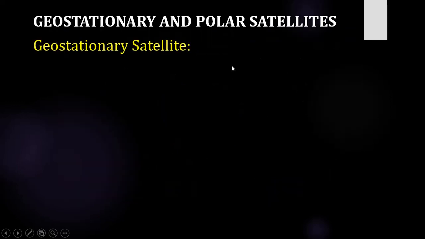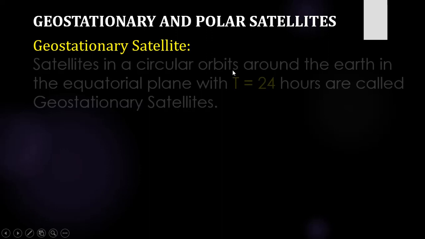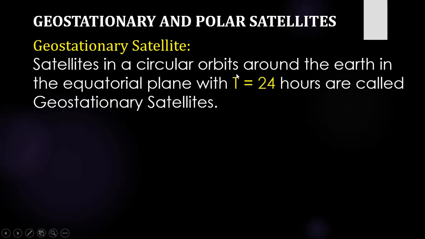So now I will explain what a geostationary satellite is. A satellite in a circular orbit around the earth in an equatorial plane with T equal to 24 hours is called a geostationary satellite. Any satellite that takes 24 hours to complete one revolution, we call a geostationary satellite, because the earth is also taking 24 hours to complete one revolution around its own axis. So the satellite is also taking the same time.